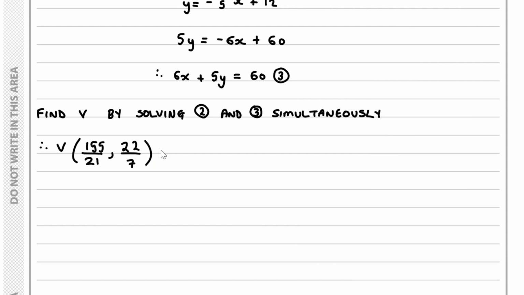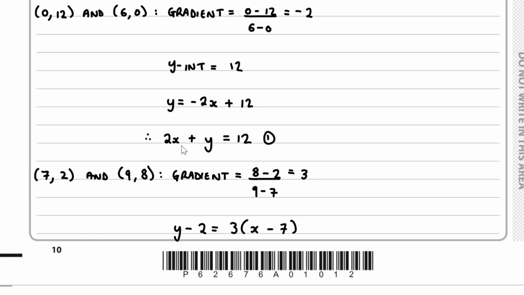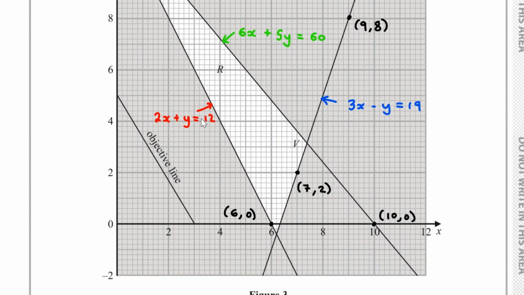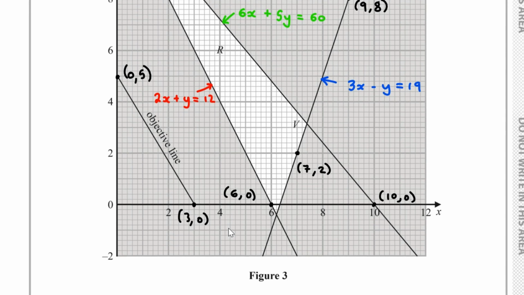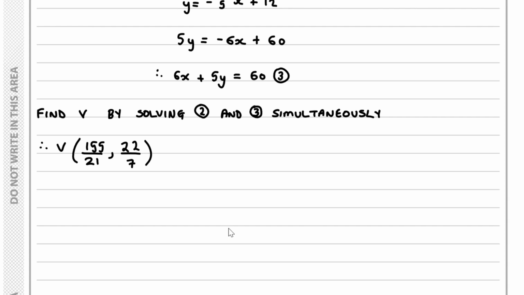Now let's consider the objective line, okay? So if we consider the objective line, here we've got a coordinate of 0 across 5 up. Here we've got a coordinate of 3 across 0 up. So let's consider the 0, 5 and the 3, 0.